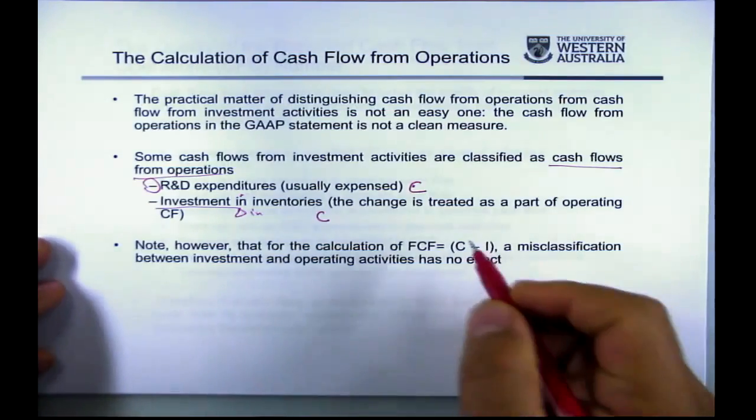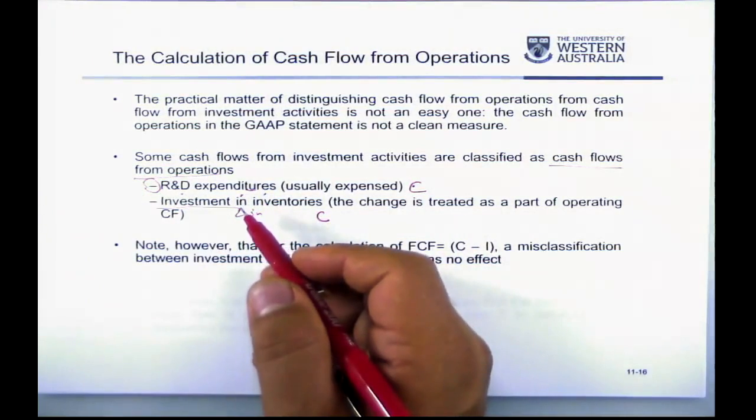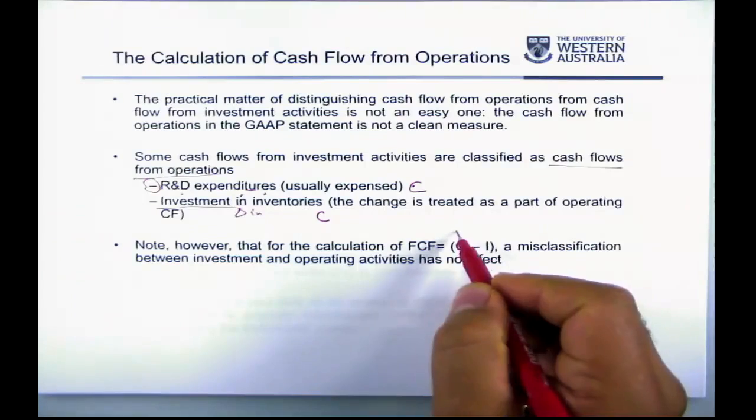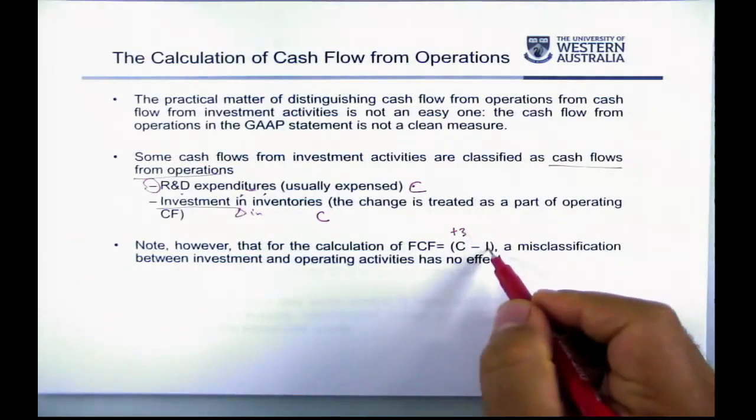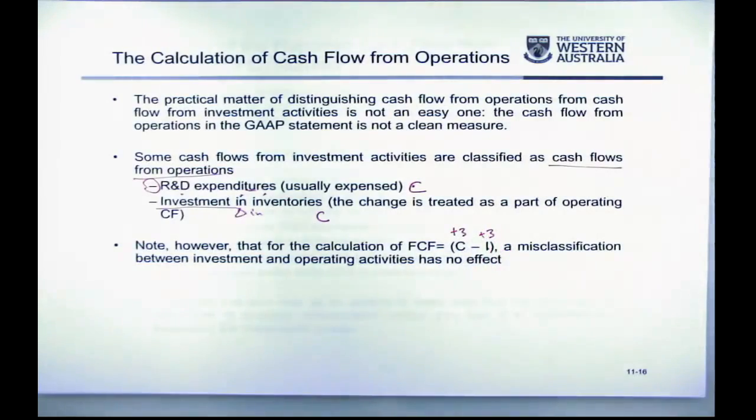Because this one was expensed, it means it initially reduced C. So if you add back, for example, 3 and add 3 to I, when you take the difference it remains the same. So it doesn't matter. It doesn't affect the calculation of the free cash flow. Okay? This misclassification doesn't affect the calculation of the free cash flow.